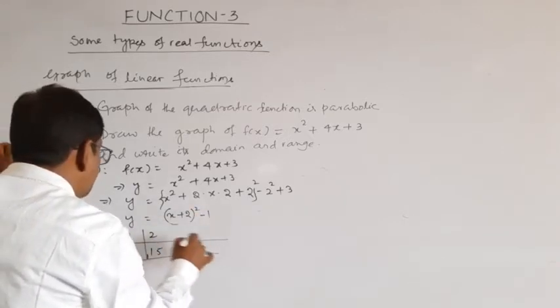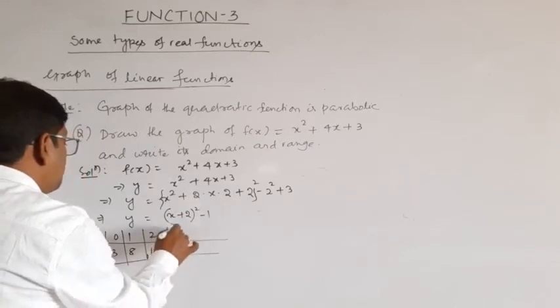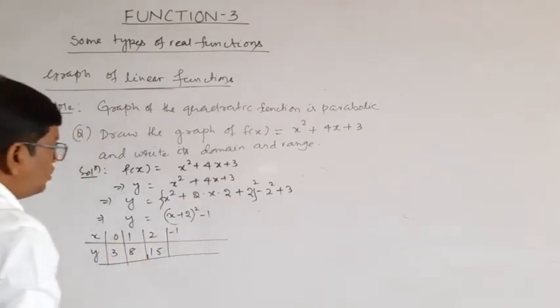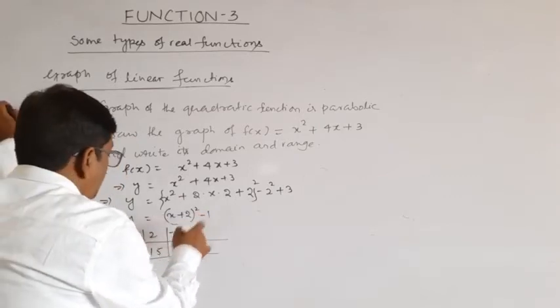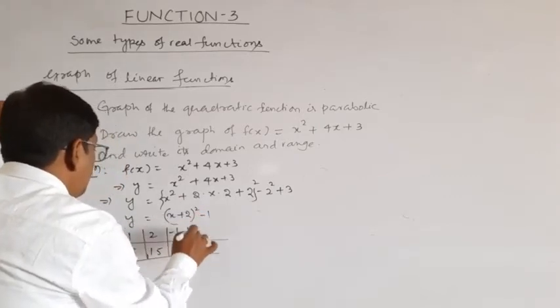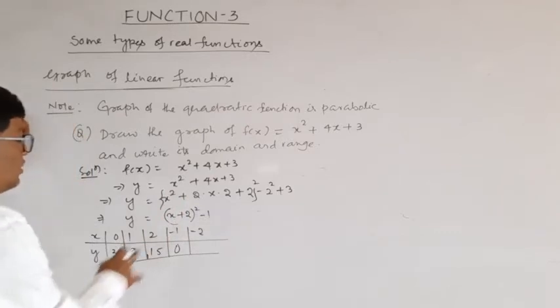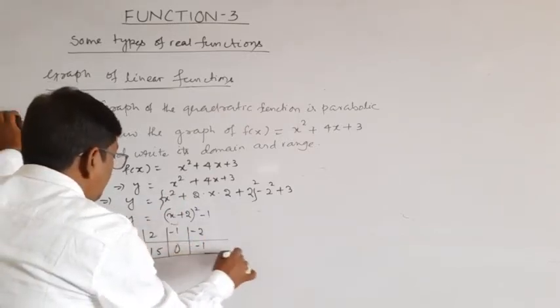And if x is equal to minus 1, this is what? If x is equal to minus 1, this is 1 square minus 1, that is 0. If x is equal to minus 2, this is 0 square minus 1, that is minus 1.